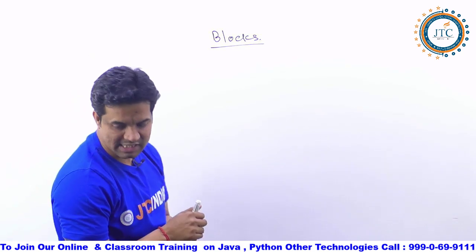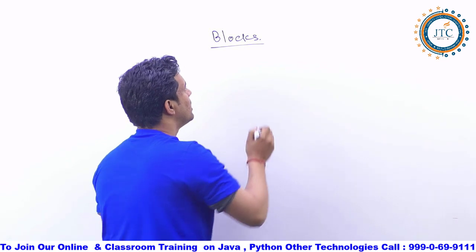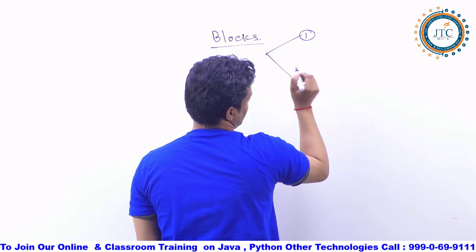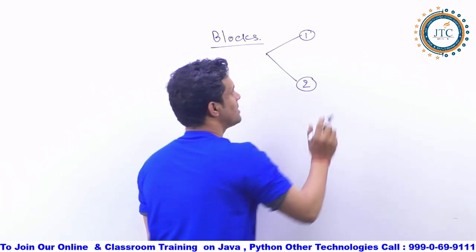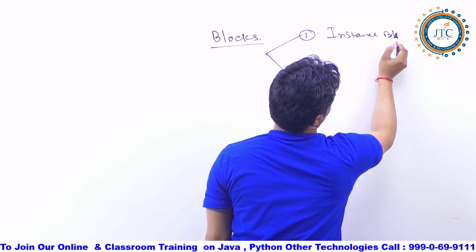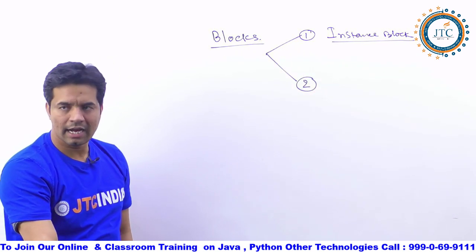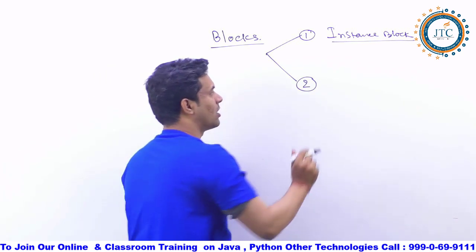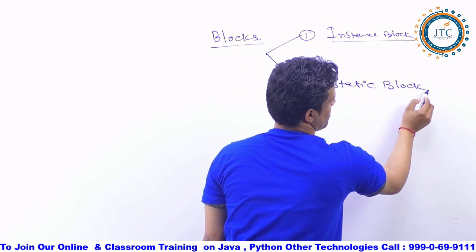There are mainly two types of block. The first one is the instance block, and the second one is the static block.